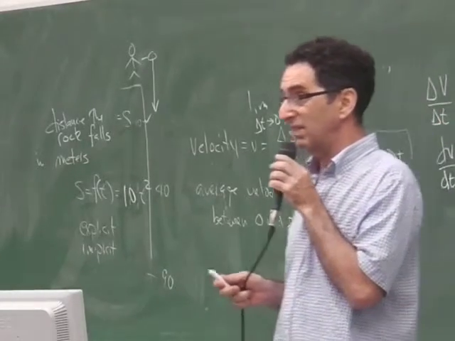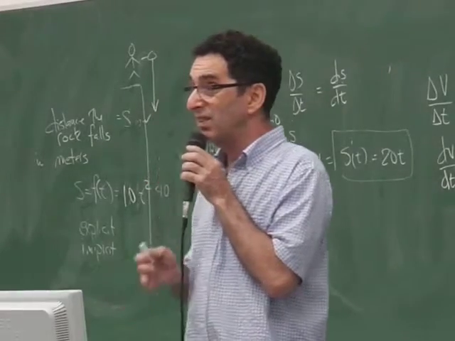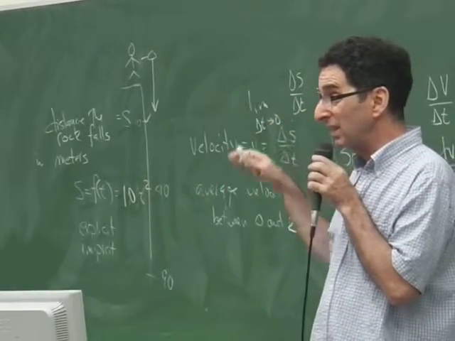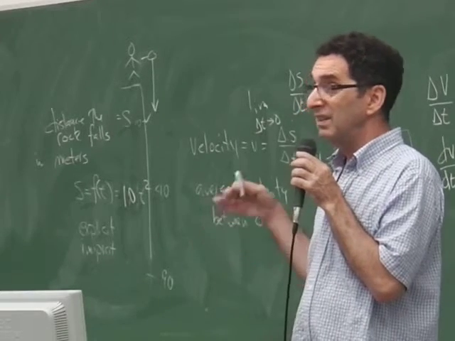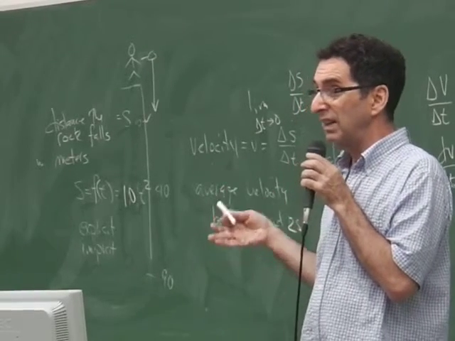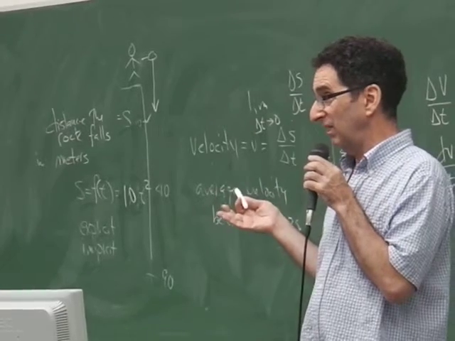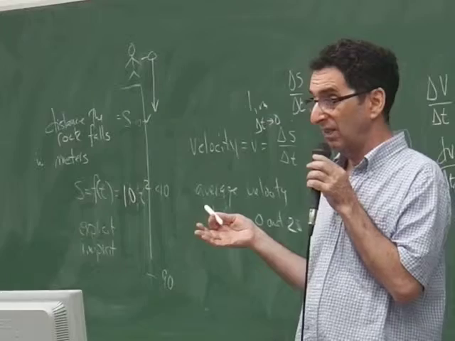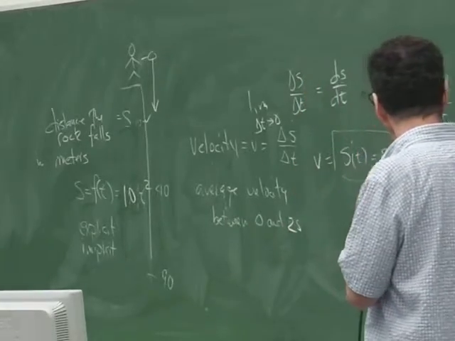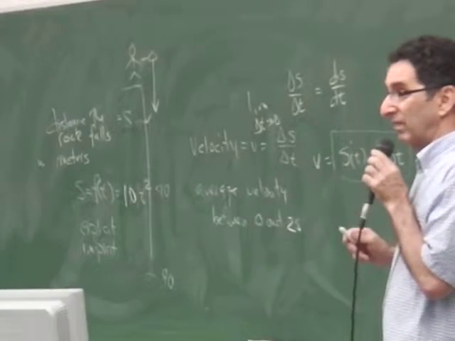The acceleration is constant. That means the acceleration is always the same. It's always 20 meters per second. The speed is increasing by 20 meters per second. That's what the 20 tells us.